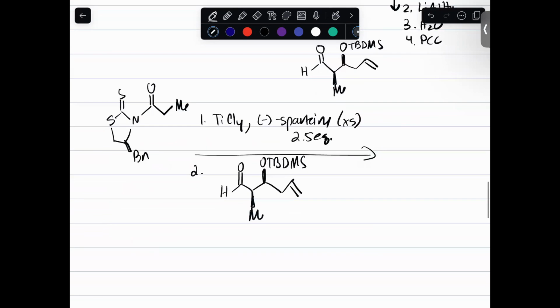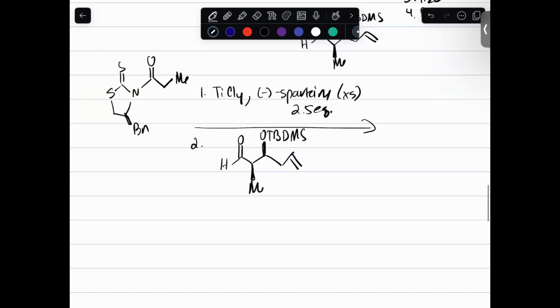And so with the excess of base, we're going to get the syn products, and our syn product is going to be dashed because we're using that excess of base.